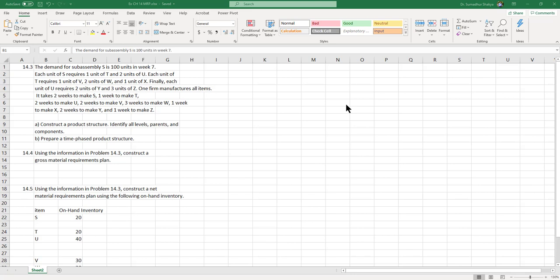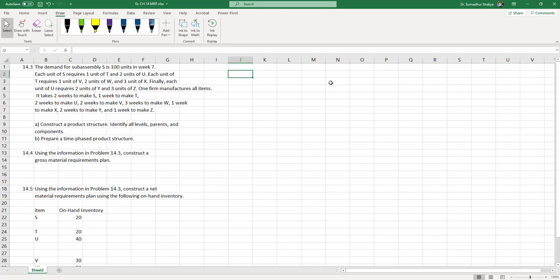I need around 100 units for S, and this becomes our level 0.